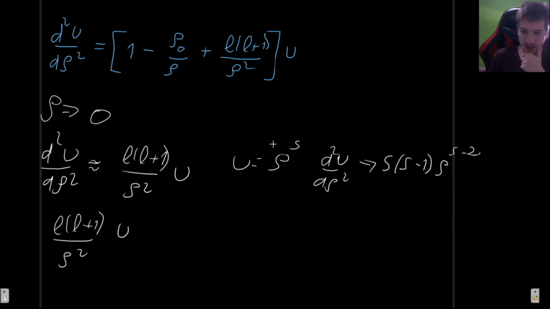If we plug in this sort of solution, we're going to get L plus 1 divided by rho squared times rho to the s. But here this is just dividing by rho squared, so it's basically just minus 2. So we can see that this will have basically the same shape as this.